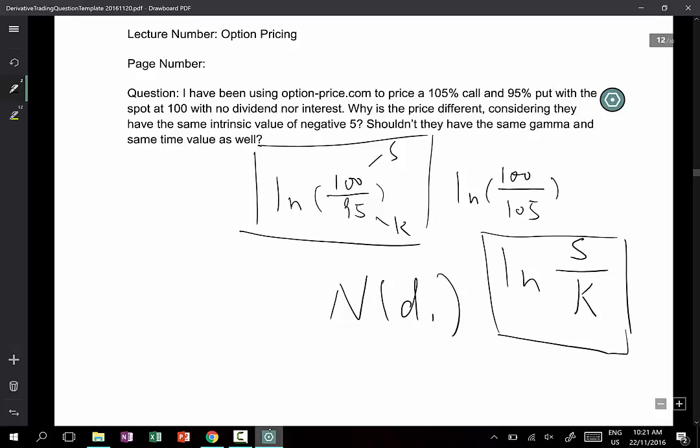So the log of 100 spot over 95 K and the log of 100 over 105 K, they are not the same. Okay, that's why. And then there are other things at play as well, not just these, but for starters, this will actually impact your result, but that's not the only thing. Okay, good question, that. Thank you.